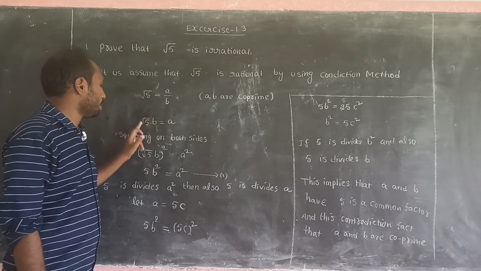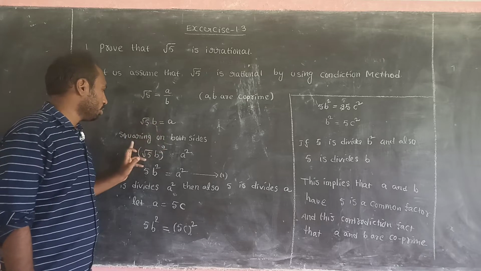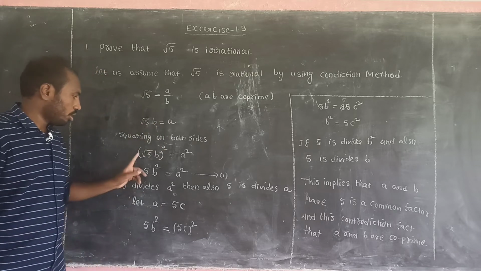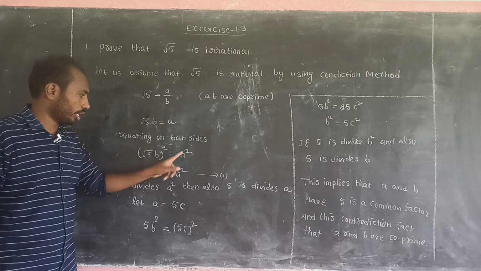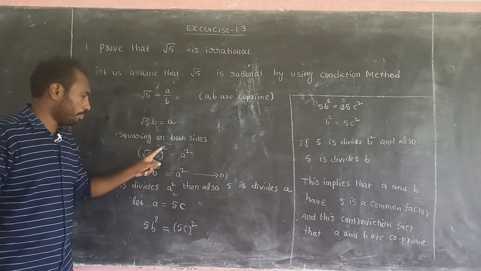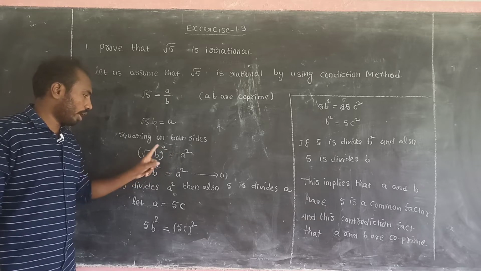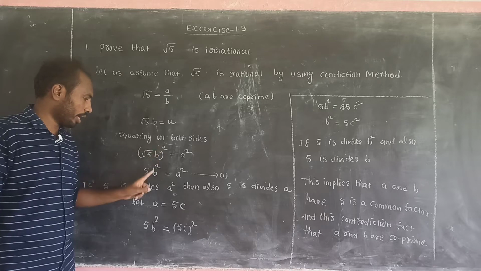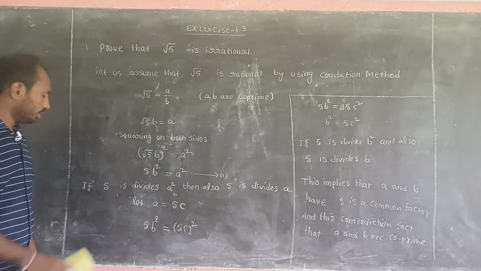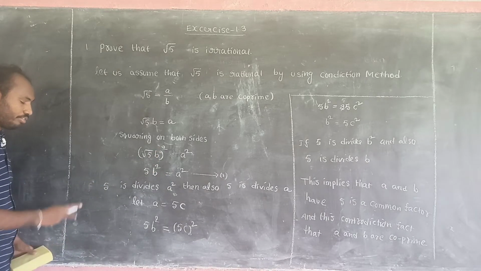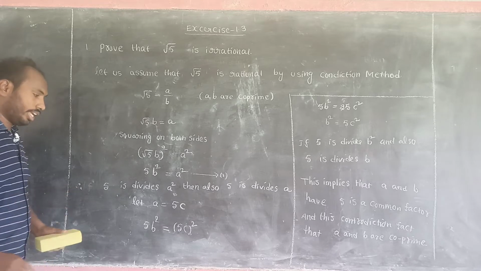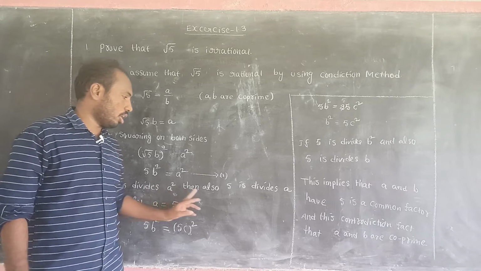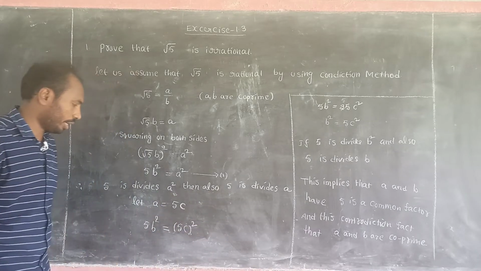Cross multiplying, root 5 b is equal to a. Squaring on both sides, root 5 b whole square is equal to a square. So (ab) whole power m is a power m; root 5 whole square, the square and root cancel, 5 b square is equal to a square. What does that mean? Therefore 5 divides a square, then also 5 divides small a.